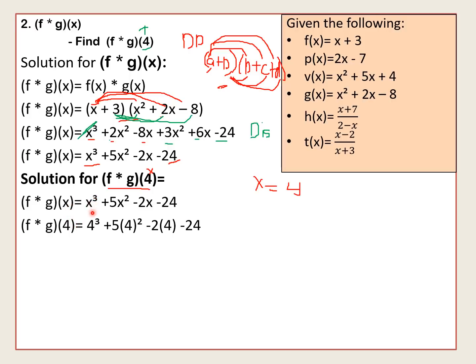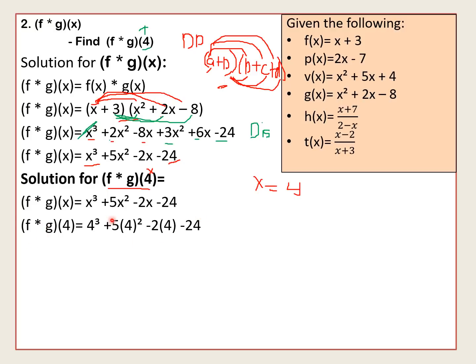So, x becomes 4. Then, meron siyang exponent na 3. So, 4 cubed plus 5 times 4 na naka-raise siya ng 2 minus 2x and x is 4. Then minus 4. Bring down 4.